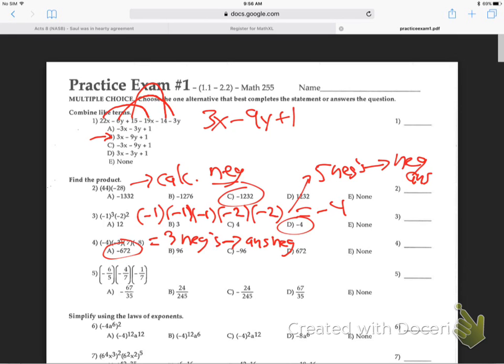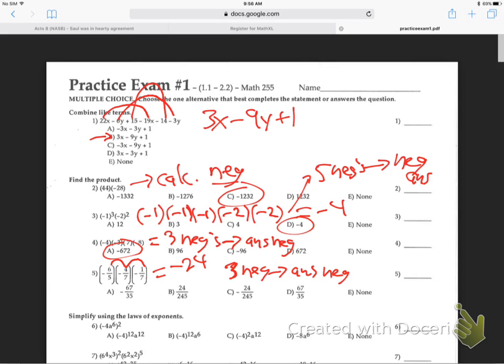All right, number 5, fractions. How do we multiply those fractions? You just go top, top, top, bottom, bottom, bottom. So it's just 6 times 4 times 1, which is 24. Is the answer going to be negative or positive? Negative. Yeah, 3 negatives, answer negative, because 3 is an odd number.